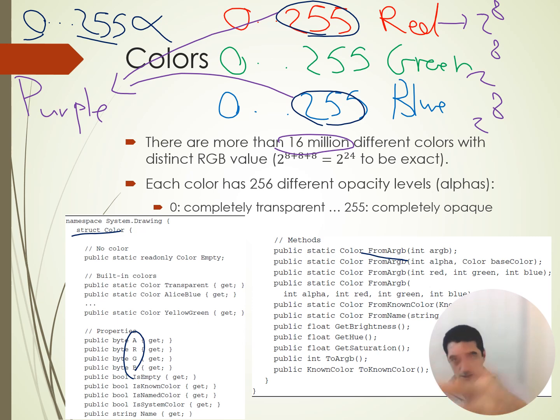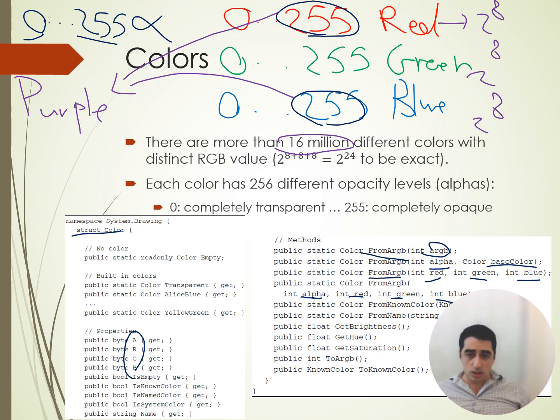If you combine the 4 numbers that I showed you into one number, you can pass it as the only input parameter of this method. You can separate the alpha from the color, so you can separate the alpha from the other 3. You can pass red, green, and blue separately to FromArgb. You can pass all 4 values, alpha, red, green, and blue, in 4 different input parameters, as you see here.